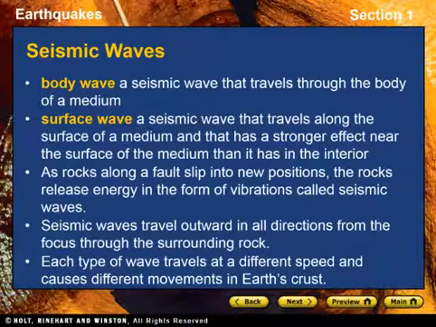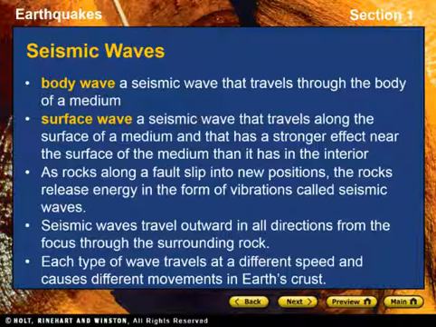Let's talk about those seismic waves. One of the things you're supposed to be able to do is compare body waves and surface waves. A body wave is a seismic wave that travels through the body of a medium. And that's going to be important. It goes through the middle, through the body of that medium. Whereas a surface wave is a seismic wave that travels along the surface of a medium, and that has a stronger effect near the surface of the medium than it does the interior.